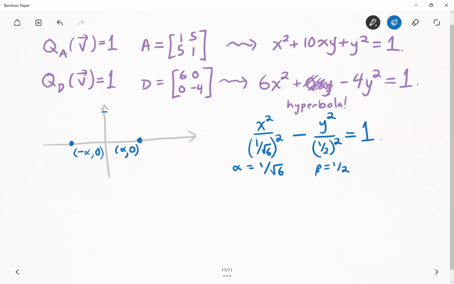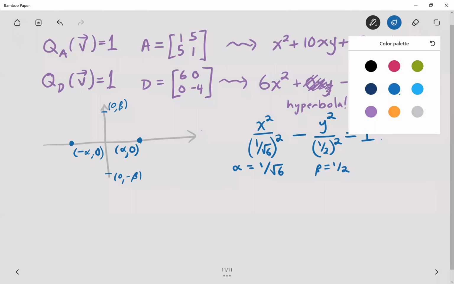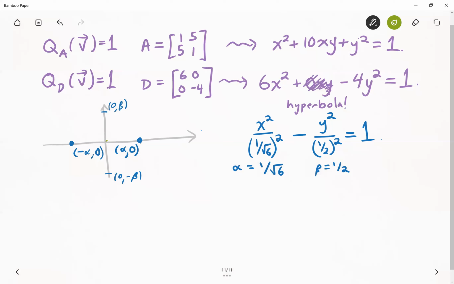And so this point up here would be 0, beta. I have a point down here, 0, negative beta. So we could draw some asymptotes. These dashed lines like so.